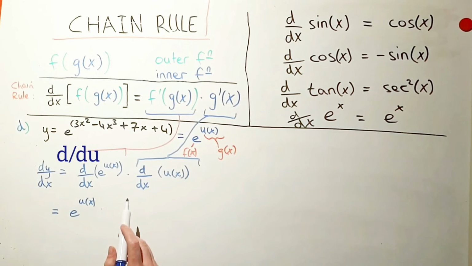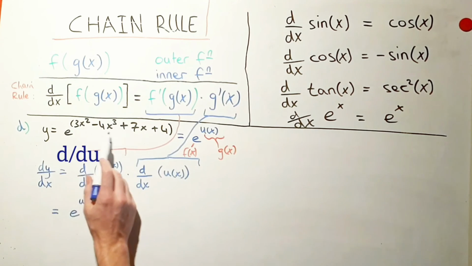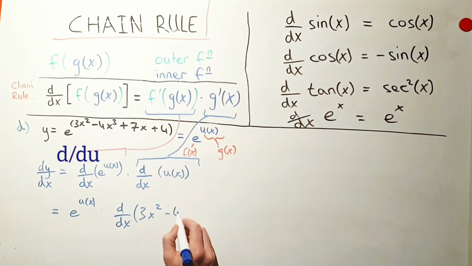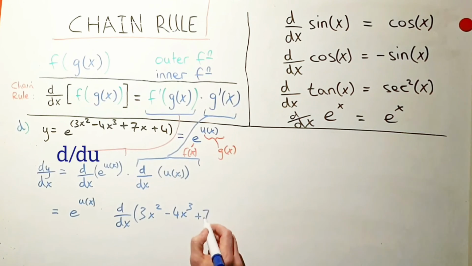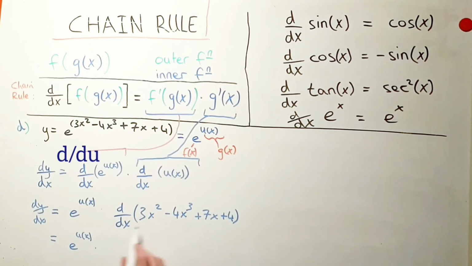Substituting this polynomial back in for u of x, I'll go one extra step just to be clear, we're going to d dx the 3x squared minus 4x cubed plus 7x plus 4. The next step is that e to the u of x stays the same, we've already differentiated that, and that's in product with d dx of this u of x value.